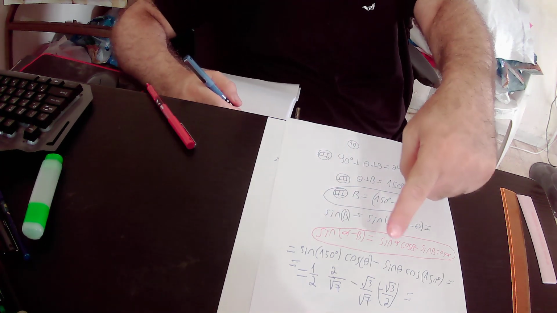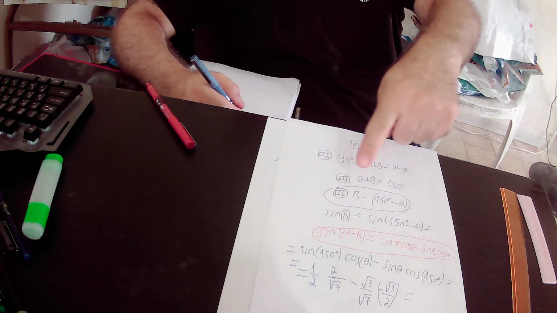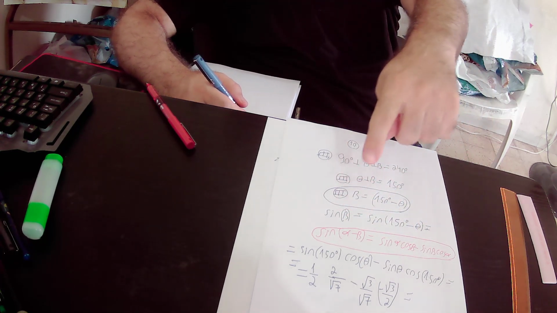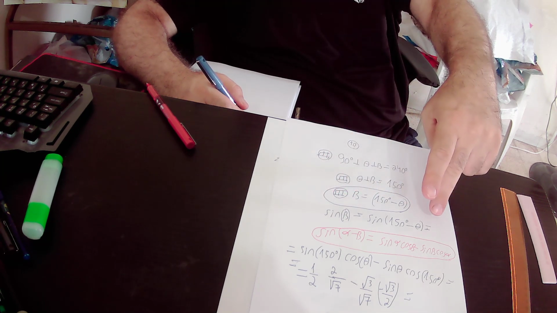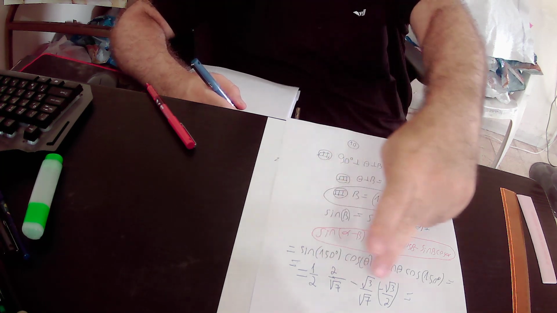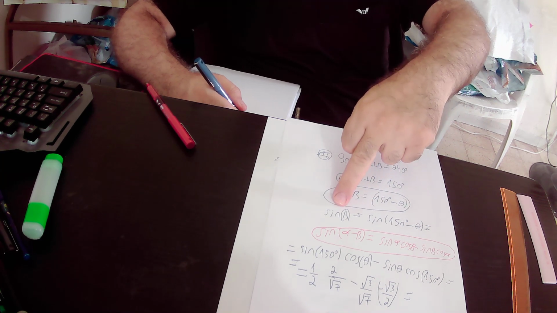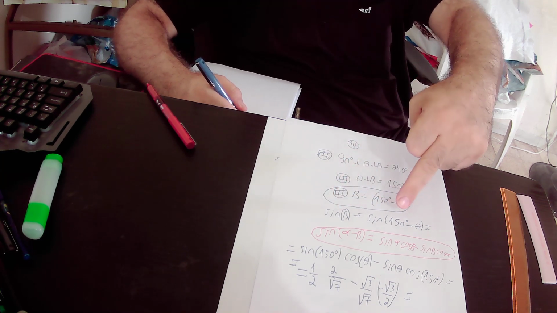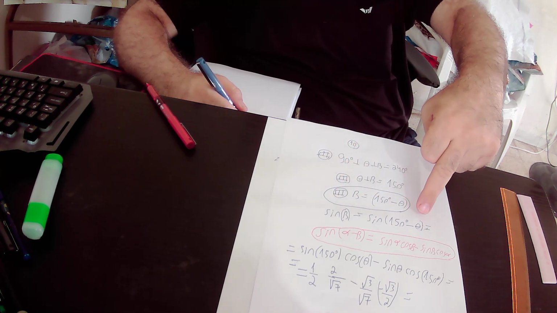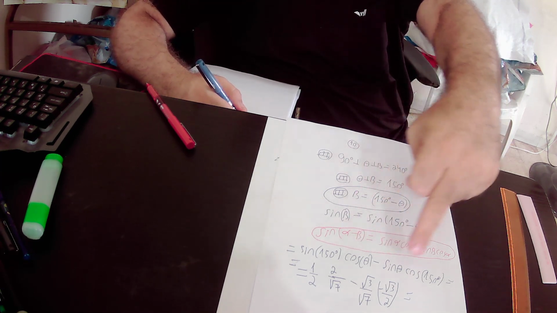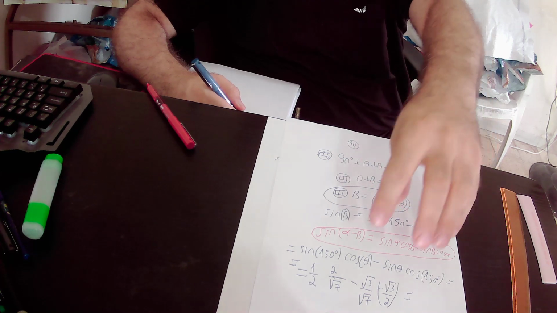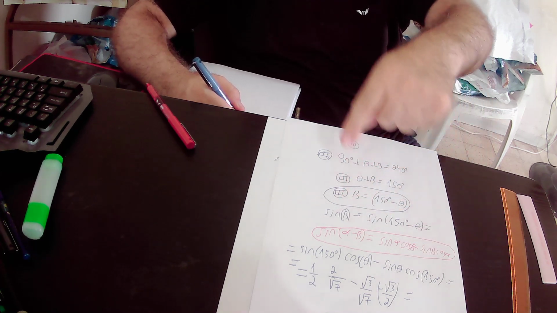And this equality is actually sinus beta, because we started from sinus beta that equals to sinus 150 degrees minus theta that equals to this expression, so all of these are sinus beta.